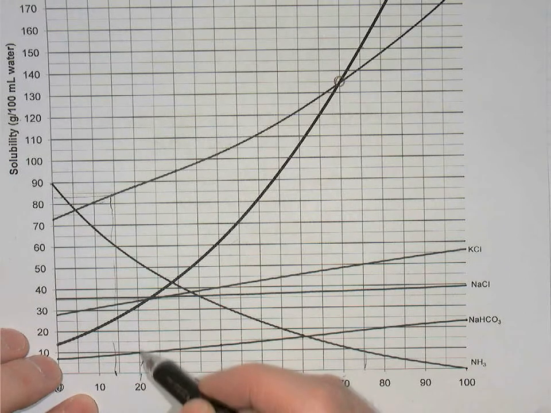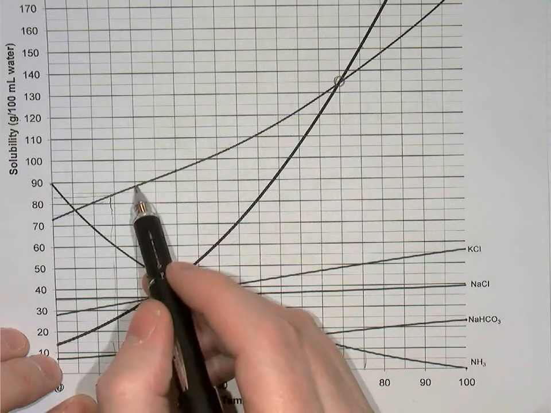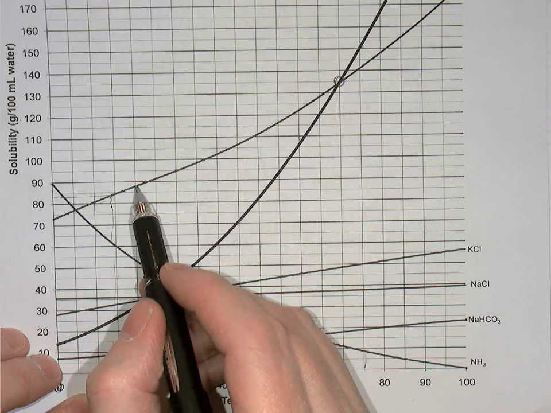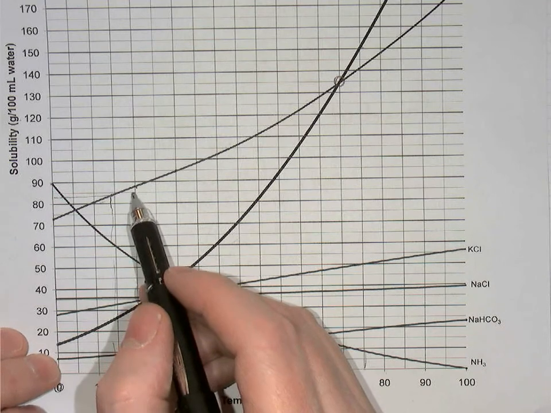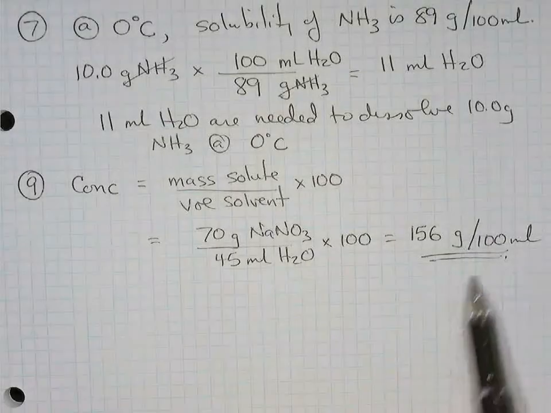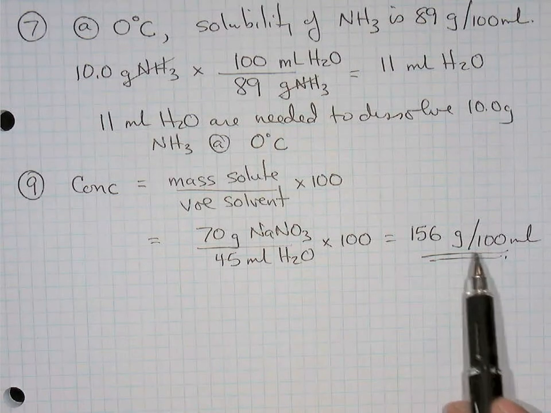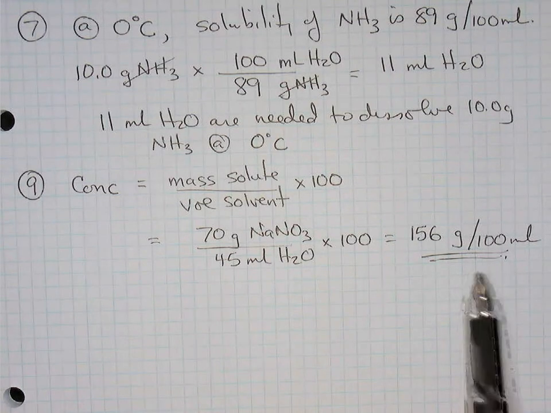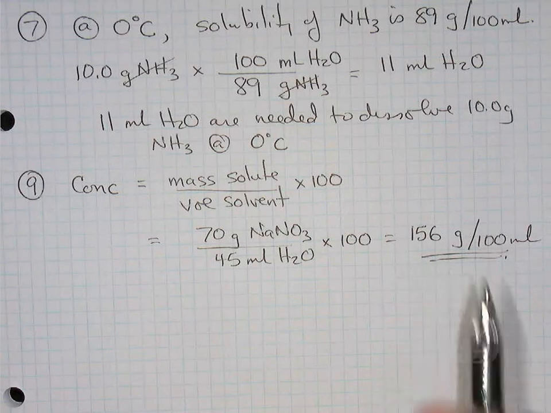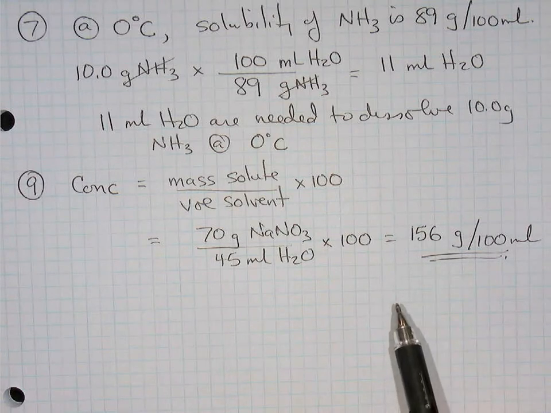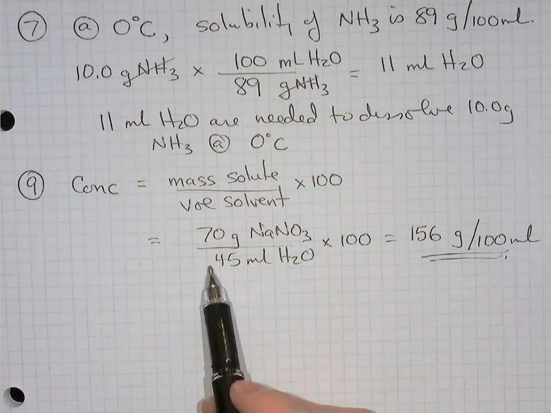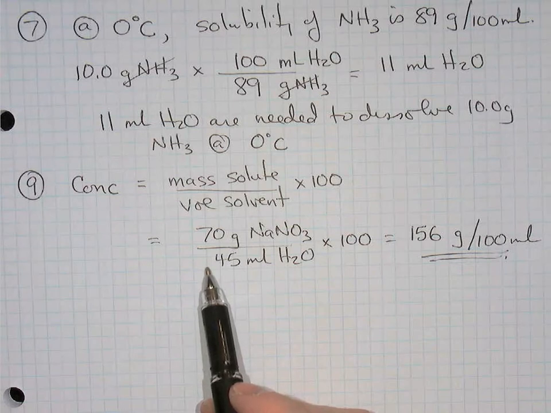If we go up to 20 degrees Celsius, the solubility of sodium nitrate is between 85 and 90 grams per 100 mils, probably about 88. Well, there's no way to make a solution whose concentration is 156 grams per 100 mils if the solubility is only 88 grams per 100 mils. You wouldn't be able to dissolve all of that salt in the water.